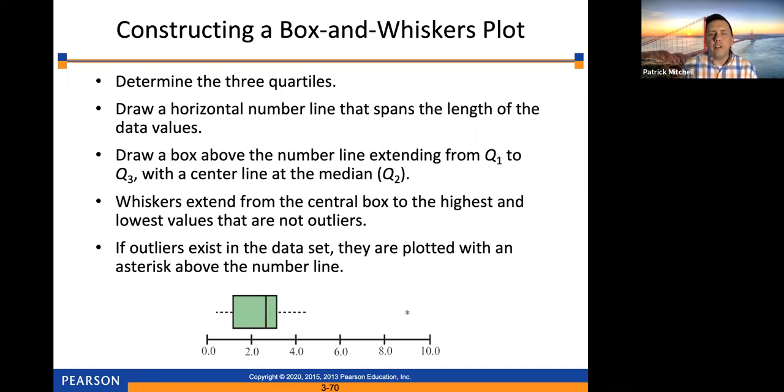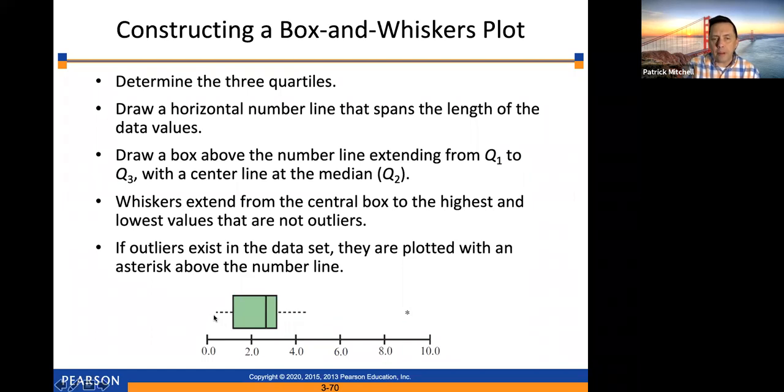Then your whiskers extend from the central box to the highest and lowest values that are not outliers. So before you draw your whiskers, you would better figure out whether or not you have any outliers. And if you do have outliers, then you're going to plot those with an asterisk above the number line.